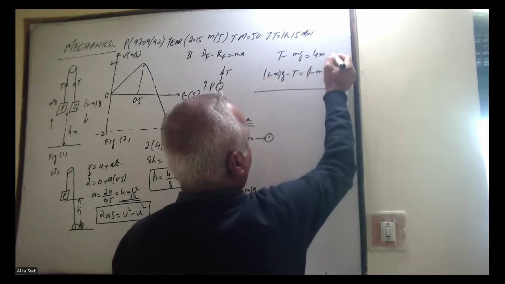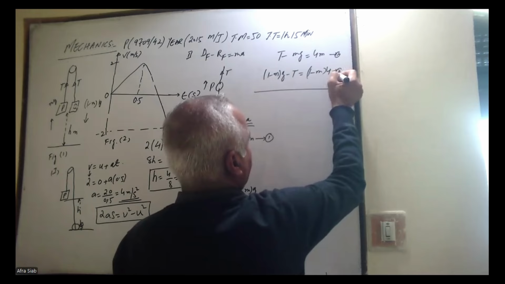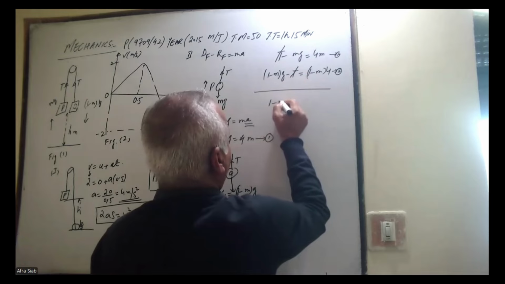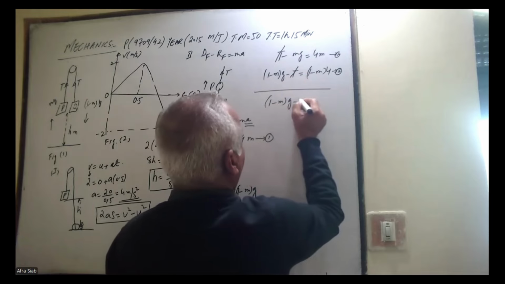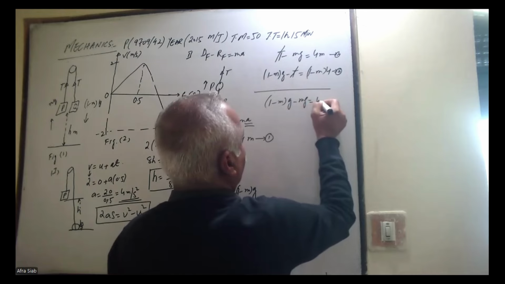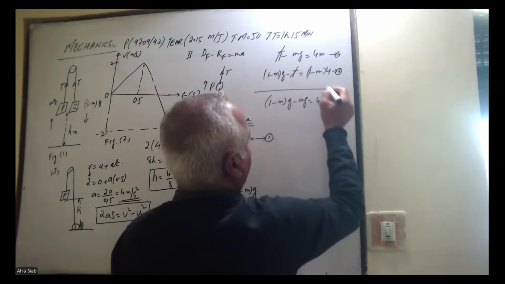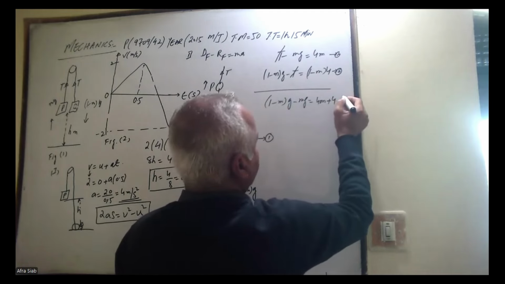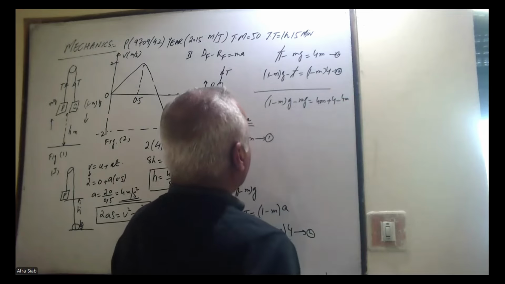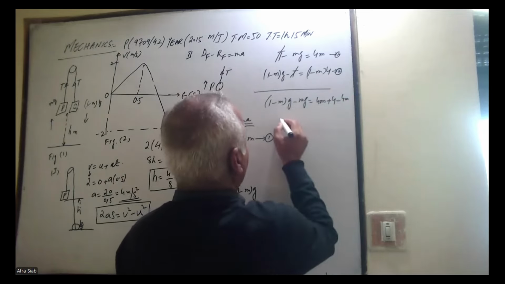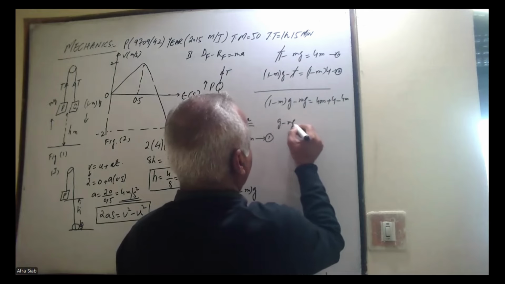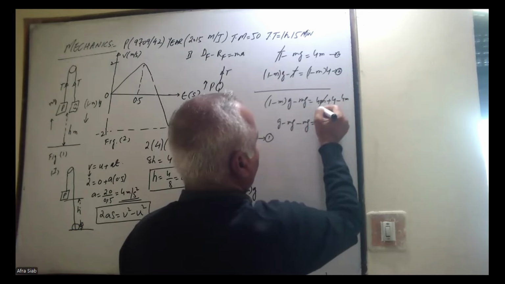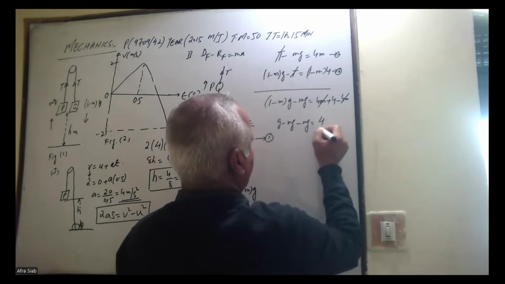If we add these two equations, 1 and 2, then this plus T is cancelled by minus T, and it will be left with (1 minus m) into g minus mg is equal to 4m plus 4 minus 4m. So that is g minus mg minus mg is equal to 4m plus 4 minus 4m, where the 4m terms cancel. So it is equal to 4.